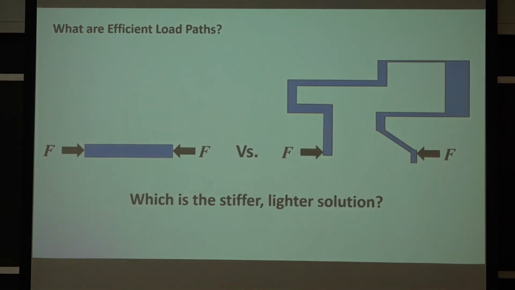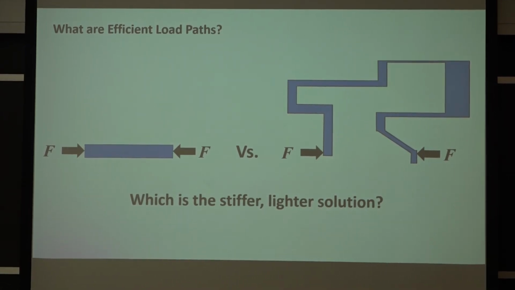Now, some people might try to solve that problem using the shape we see here on my left, which is much more complicated. Rather than just having a simple beam under compression, you've got all these beams that are under some combination of bending, compression, and tension. In order to make the one on the left as stiff as the one on the right, you'd have to use a lot more material.